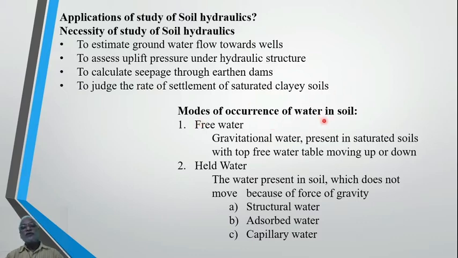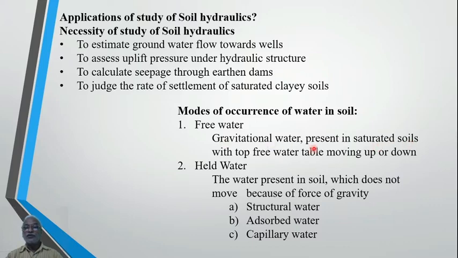Modes of occurrence of water in soil. There are 2 types of water that exist in the soil. One is called free water, another one is called held water. Free water is sensitive to gravitational force.